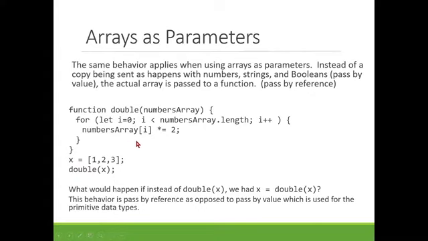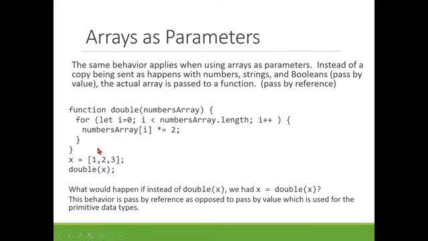It doesn't need to. This function is written so that it alters the original array. There's no reason to return it. And so in this case, if we set x equals double(x), we're getting undefined, because if a function returns nothing, just like if we assign nothing to a variable, it's actually returning the value undefined, and so we're assigning that to x.